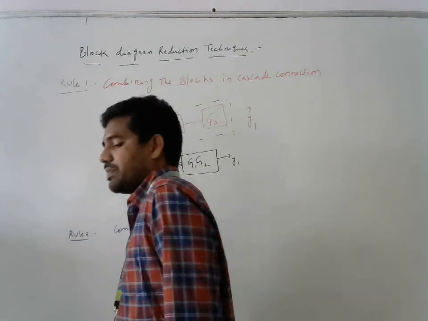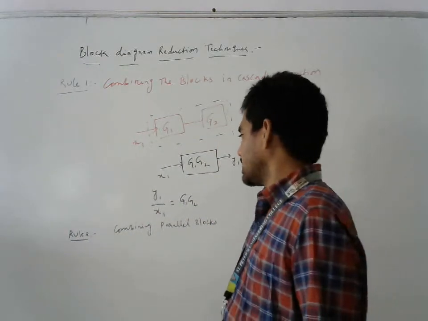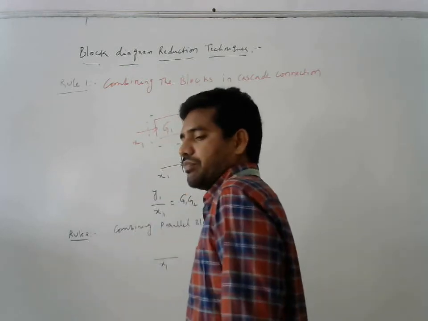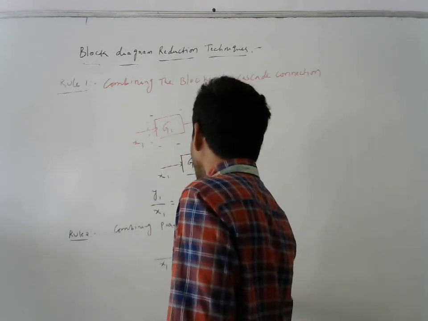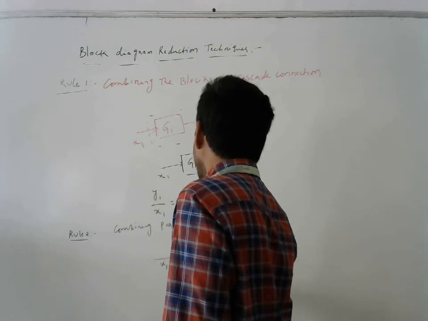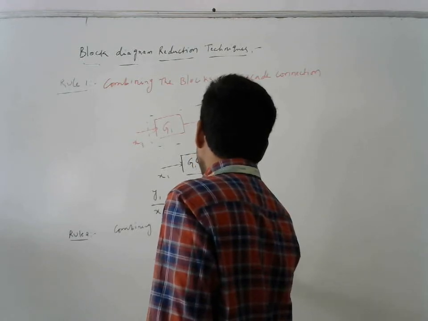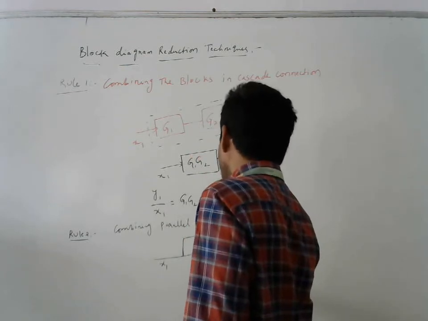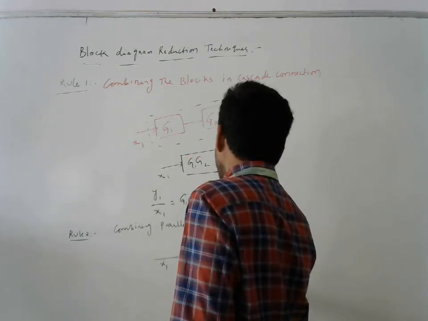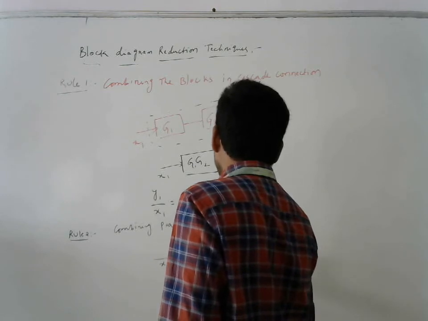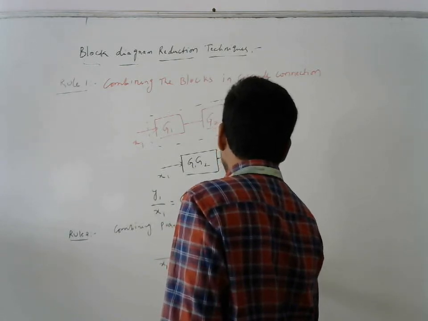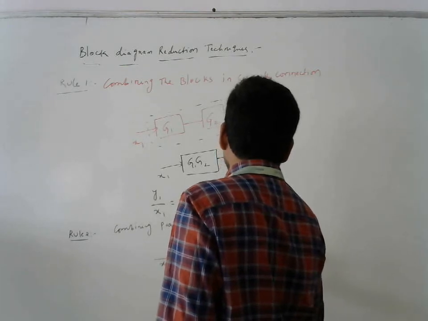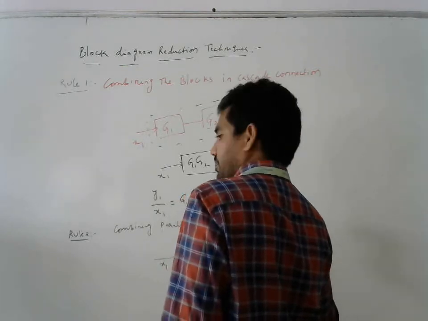What does that mean? Looking at the diagram, here we have X1, going through G1 and also through G2. Here I have a summing point with plus signs, and the output is Y1.